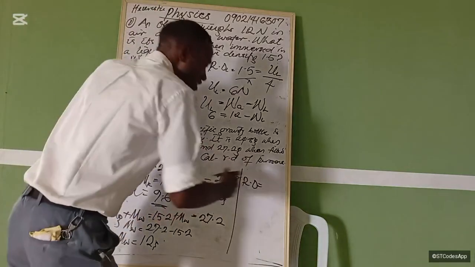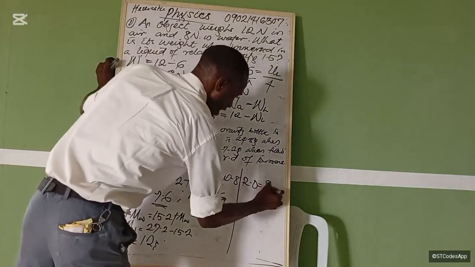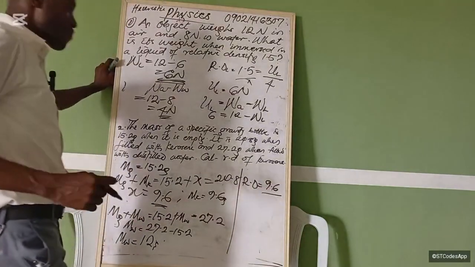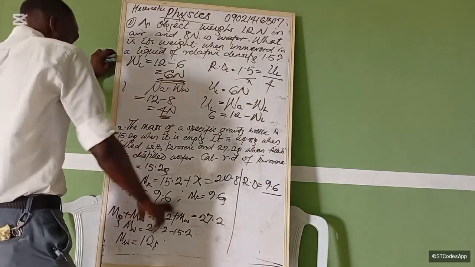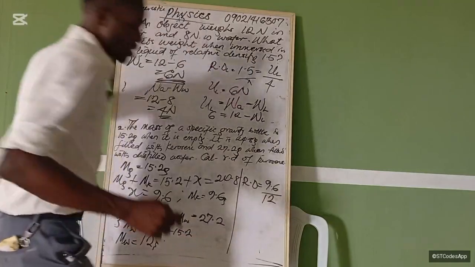So RD is going to be the mass of that substance, which is 9.6, over the mass of equal volume of water, which will be 12. Does that make sense?